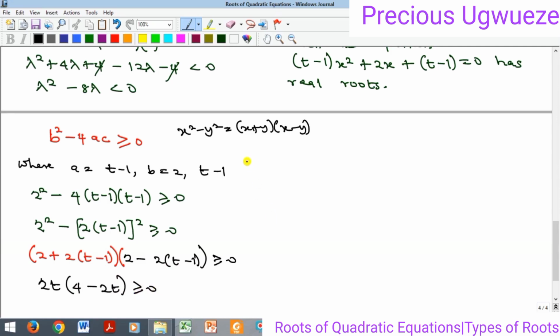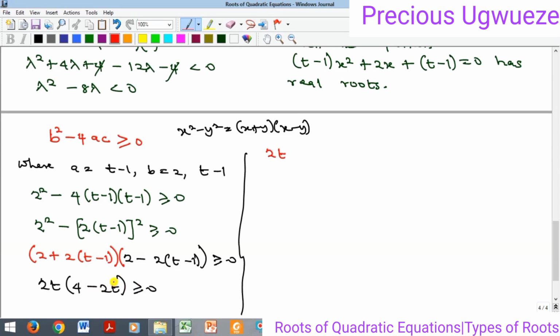Okay, and we are going to also apply the same thing we used here. So what's that going to give us? From here now, it is either our 2t. Remember, like what I said in the earlier case, this is greater or equal to 0. For us to have something greater or equal to 0, the two are going to be the same sign. It's either both of them are less than 0 or both of them are greater than 0.